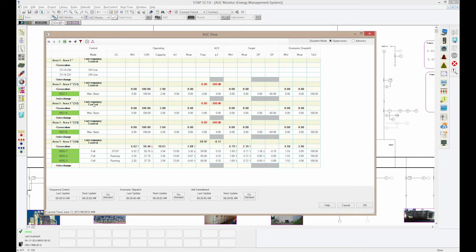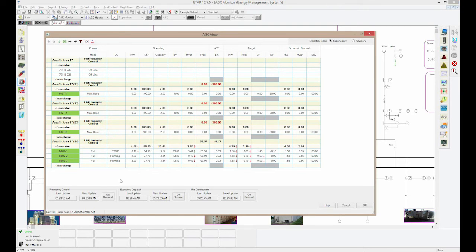Now, within these regions, we can see that these generators are actually offline, and therefore they belong into a completely different area. And we can see here I have 3 different generators that are actually in manual control. So the operator essentially has full flexibility on what he wants to do with these units.